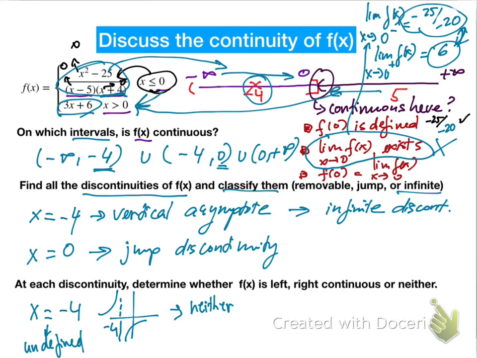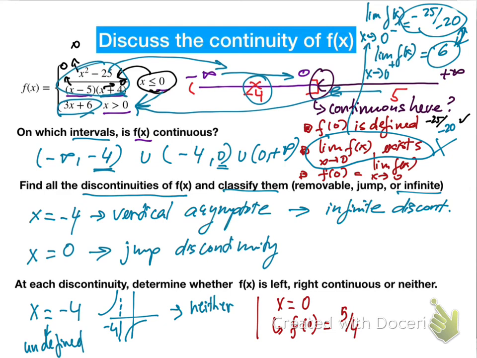And when x equals 0, the function is defined: f of 0 is negative 25 over negative 24. I can reduce this to 5 over 4. So f of 0 is 5 over 4.